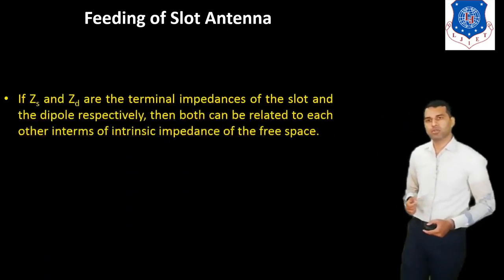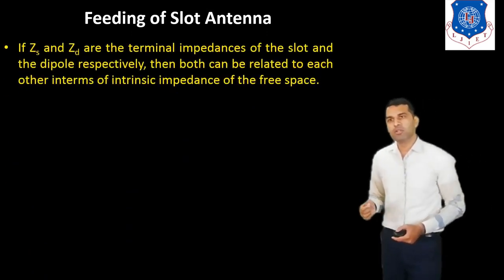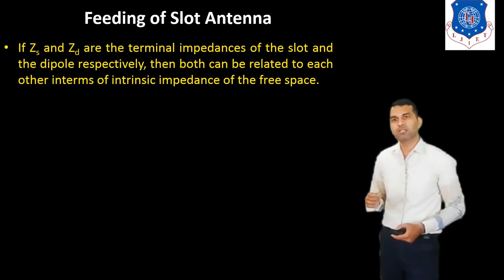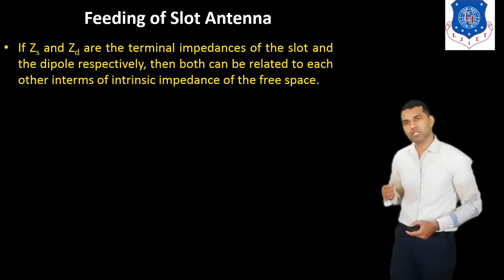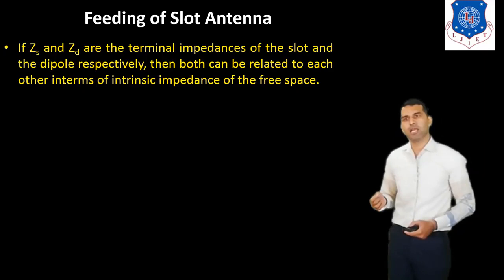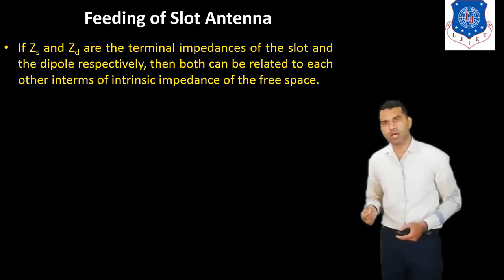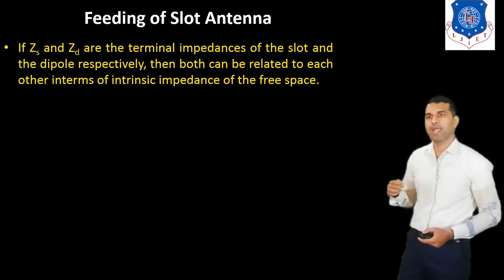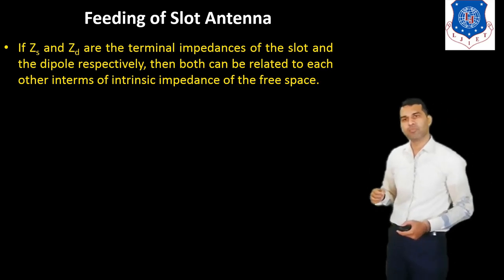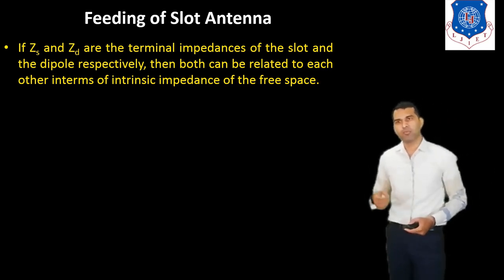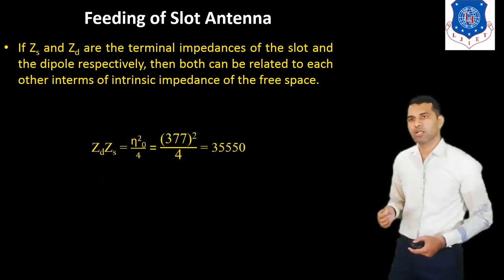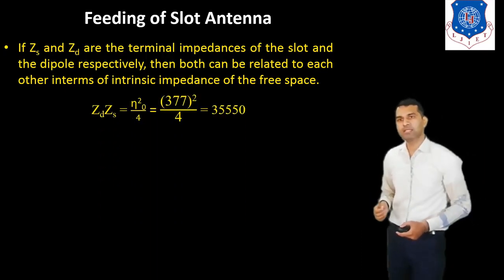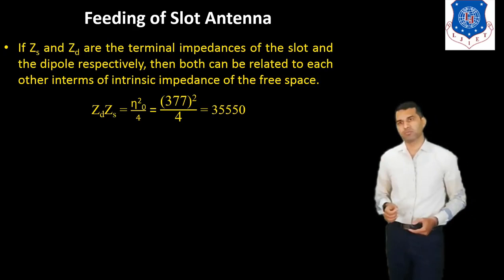Now the feeding of the slot antenna. If ZS and ZD are the terminal impedances of the slot and the dipole respectively, that means ZS is the terminal impedance of the slot antenna and ZD is the terminal impedance of the dipole, then both can be related to each other in terms of the intrinsic impedance of free space.